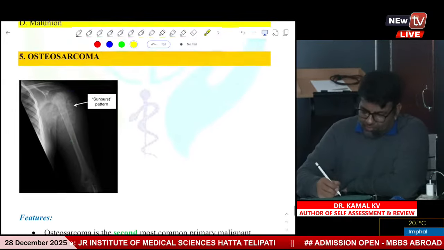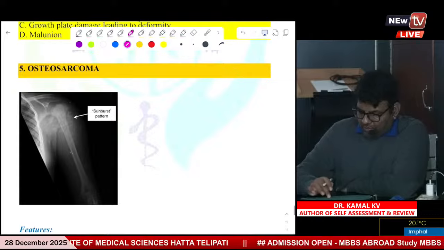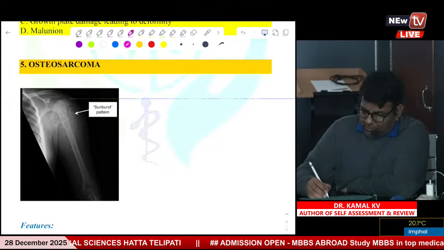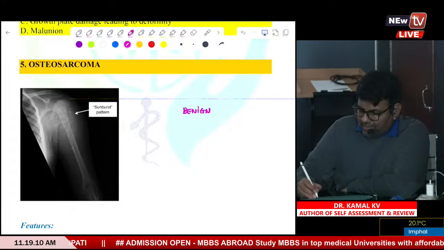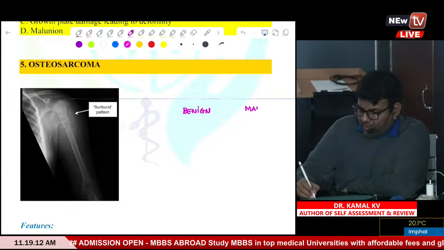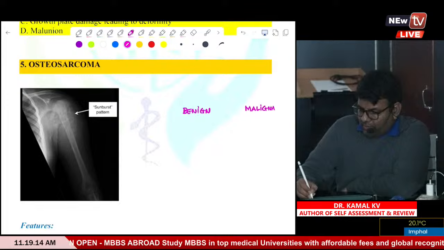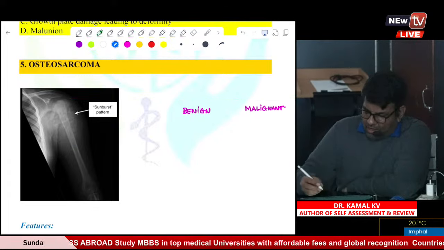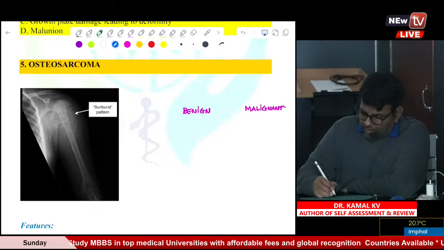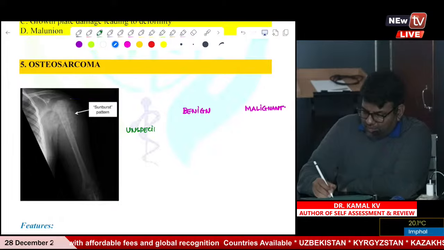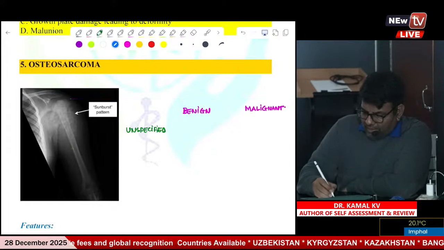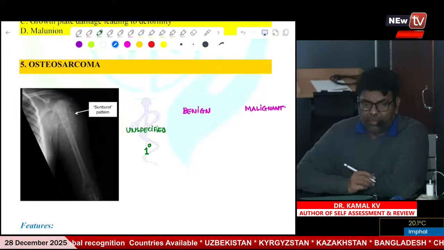Now remember, there are a few terms which you should know. We know that there are two types of tumor: one is benign and the second is malignant. So there are two classes of tumors, benign and malignant. And what we need to do is put two things: one is unspecified, and secondly, specifically primary.